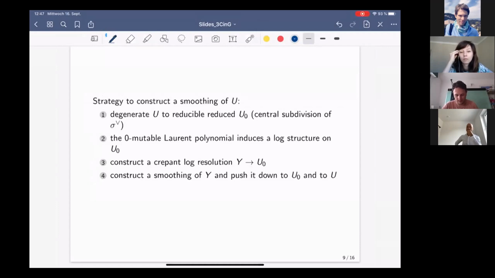Third, we construct a log crepant log resolution of U0, and this way Y is log smooth. And then fourth, we construct a smoothing of Y, and then we push it down to U0 and to U. So this is basically the idea. And I think probably Helge will say something about 3 and 4, or maybe only 4. And I talk about 1 and 2 now.